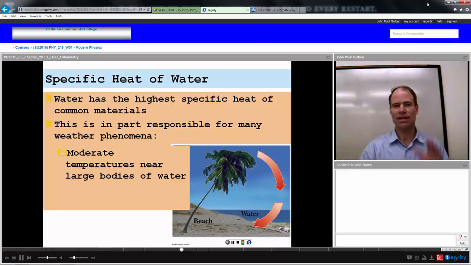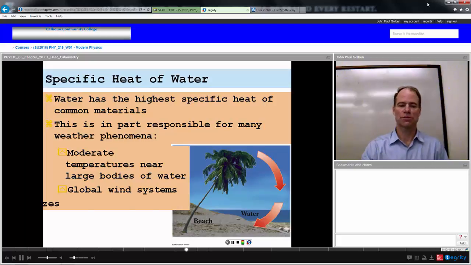Hence, given any kind of heat exchange, its temperature change is going to be small, whether it be a heat exchange out or a heat exchange in, cold or warm. Its change in temperature will be relatively moderate, relatively mild, allowing it to maintain the temperature in that region.